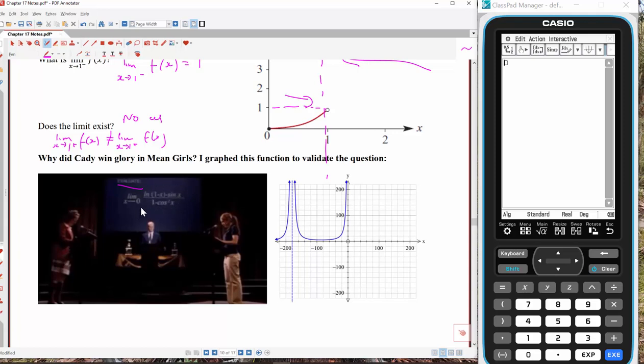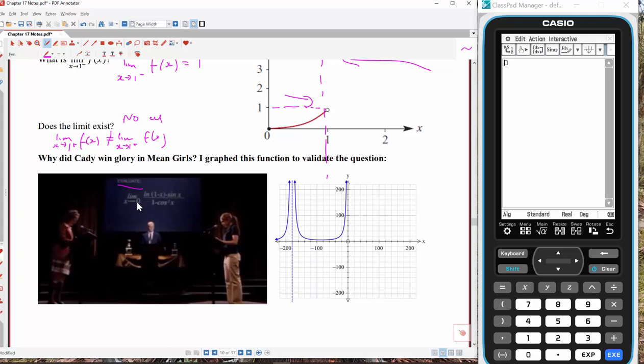She thinks about it, and in her mind she's thinking about the hot guy in the movie, but in her peripheral vision she sees the teacher explaining what I've just explained here, which is for the limit to exist, the limit from the left and the right has to be the same value. So let's do this and see why she gets the answer correct, which is she says the limit does not exist. Everyone applauds, she gets the hot guy, etc.